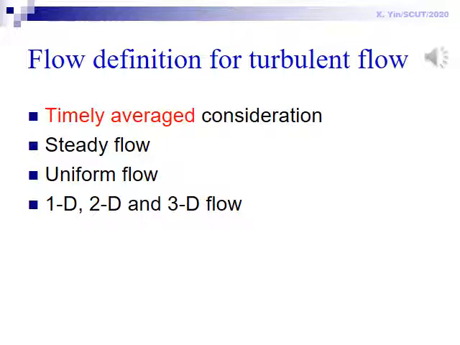That's to say, we can determine the type of a certain turbulent flow in the sense of time mean, such as steady or not, uniform or not, one-dimensional, two-dimensional, or three-dimensional. So, in later learning in our class, unless otherwise specified, we refer to time average current.